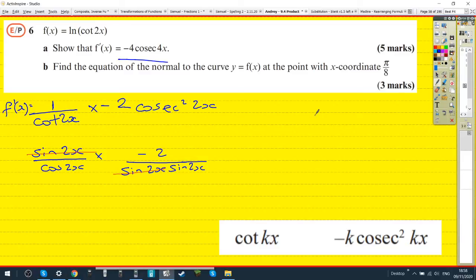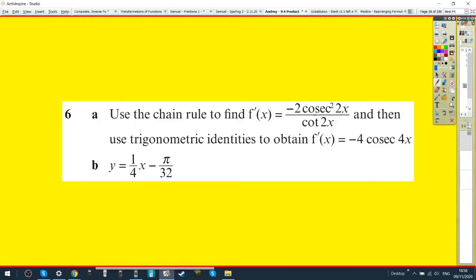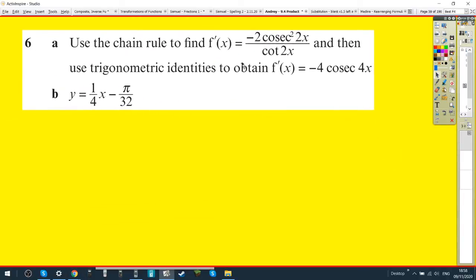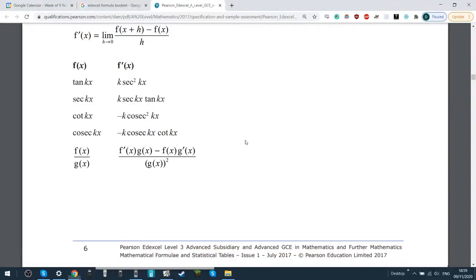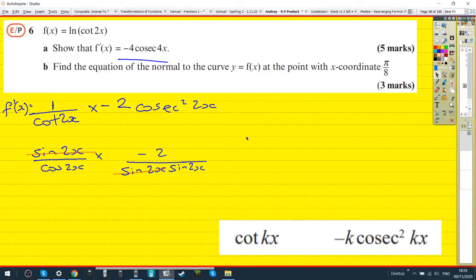Yeah, I'm missing something though. If you use the chain rule and then use trig identities. So there's some trig identity. Minus 2 cosec squared 2x over cot 2x. Oh. Trig identities. Well, you're not really telling me in there, booklet.